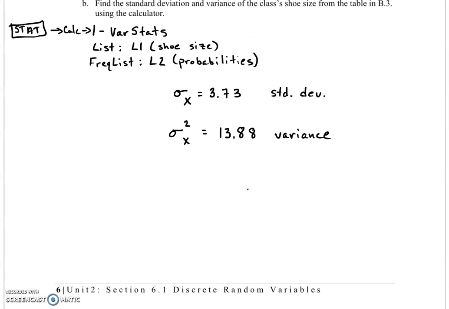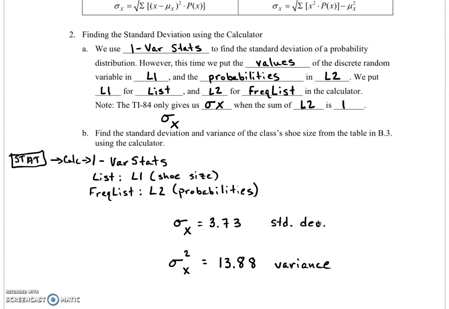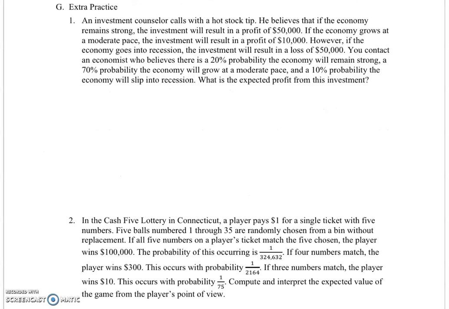Okay, now let's do a couple problems. All right, let's do the extra practice. So an investment counselor calls with a hot stock tip. He believes that if the economy remains strong, the investment will result in a profit of $50,000. If the economy grows at a moderate pace, the investment will result in a profit of $10,000.